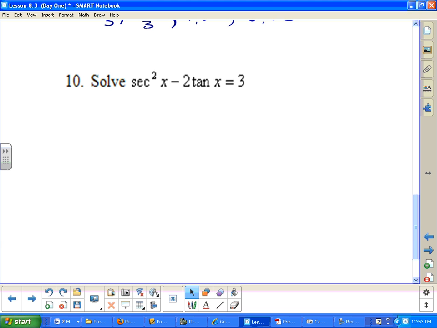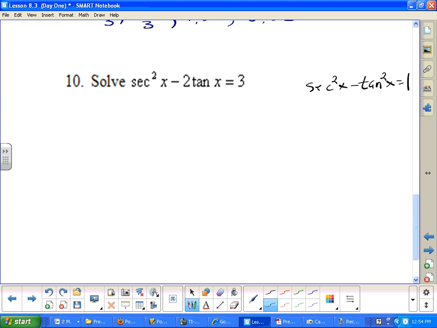Secant squared and tangent. Is there a relationship between secant squared and tangent that I could change it? Okay, an identity. Paige, what's the identity? Okay, so it's secant squared minus tangent squared equals 1.